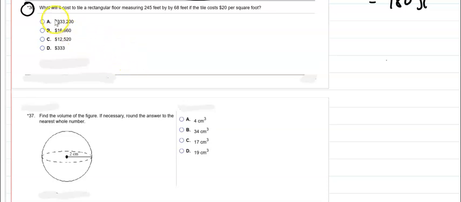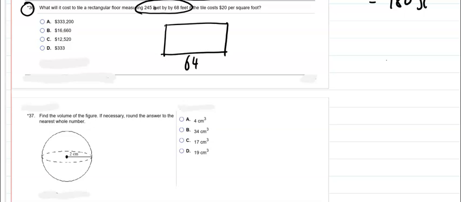Question 36. What will it cost to tile a rectangular floor measuring 245 feet by 68 feet? See, this is the rectangular area which has a dimension of 245 feet as a length and 68 feet as a width.